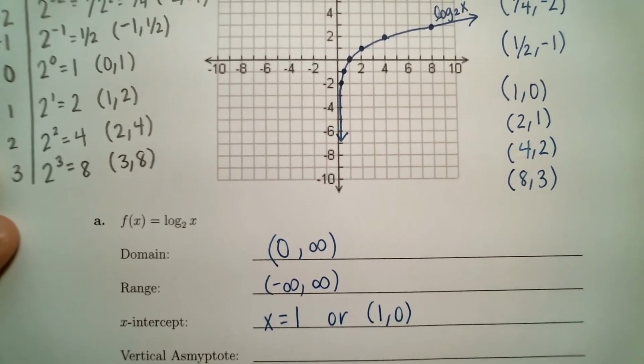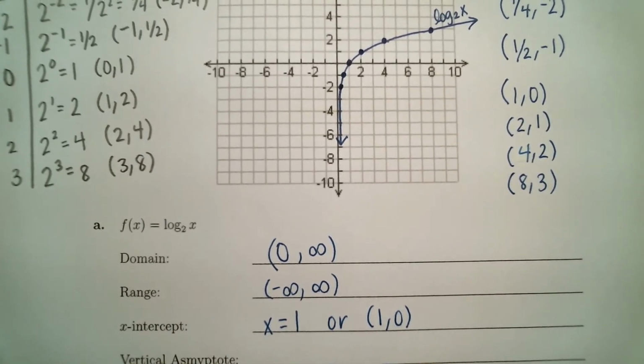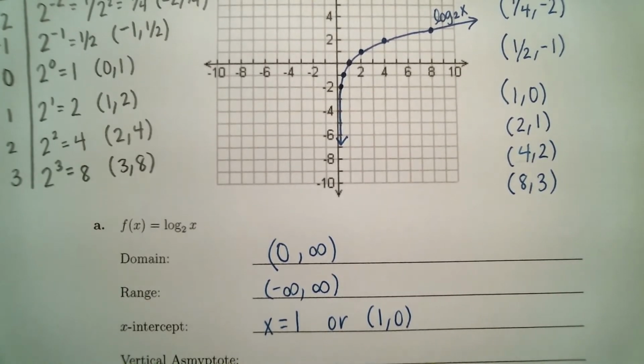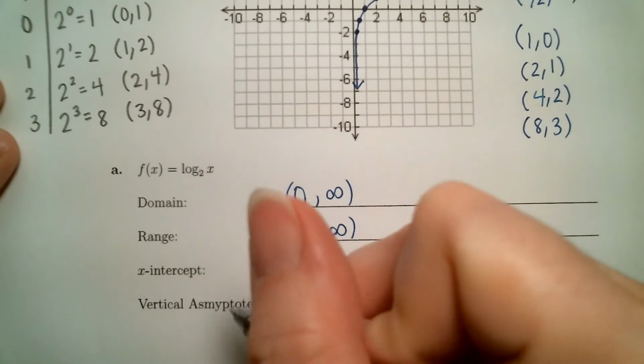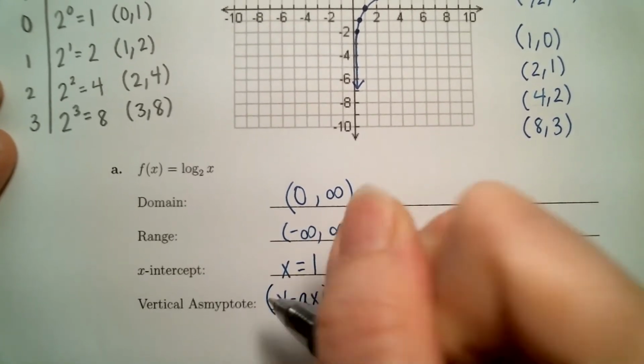The vertical asymptote. That's that vertical line that our graph gets closer and closer to, but never touches or crosses, and that is going to be the y-axis. Remember, when you're dealing with asymptotes, you have to actually give me an equation. So for the vertical asymptote, we know it's the y-axis, which is the equation.